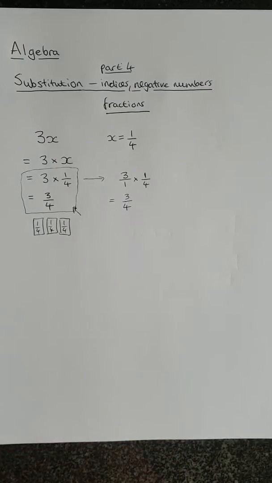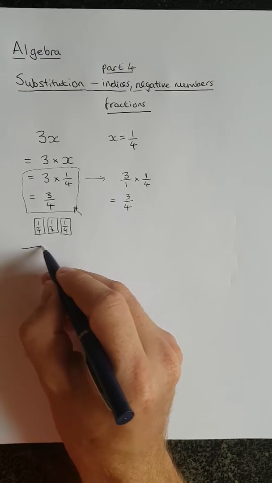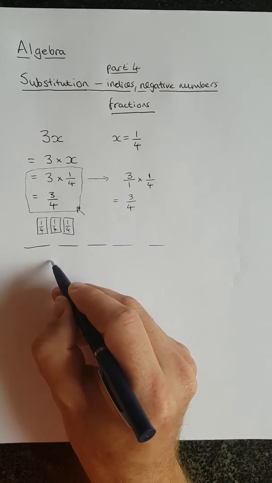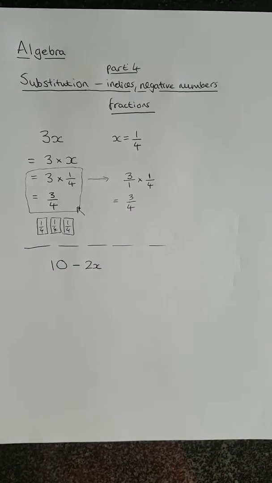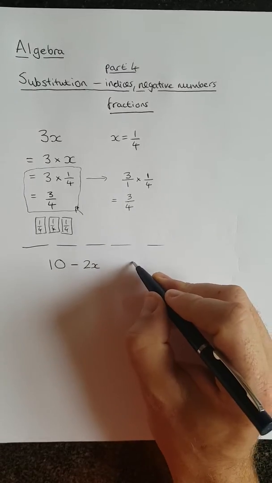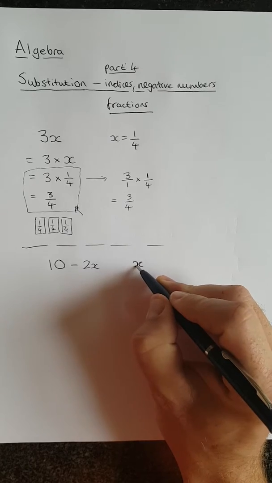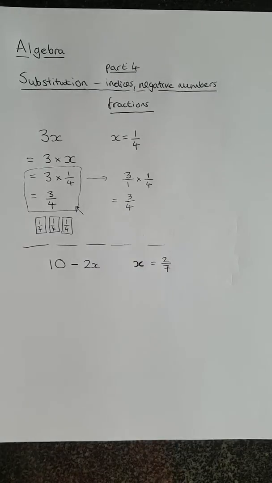So, let's now look at a slightly trickier one and build our way up. (10 minus 2x). In this case, x is going to be 2/7.